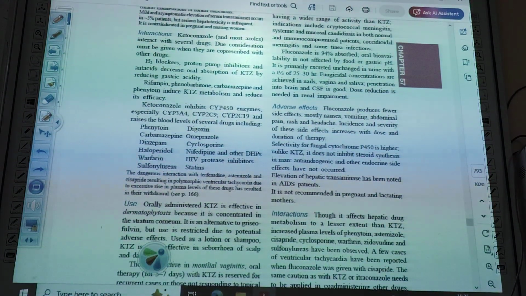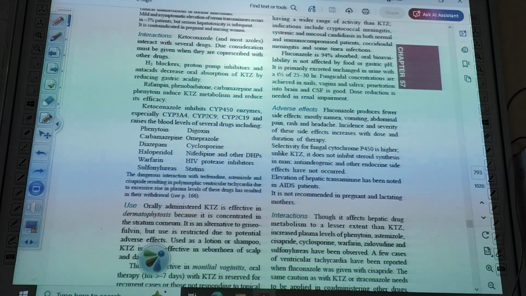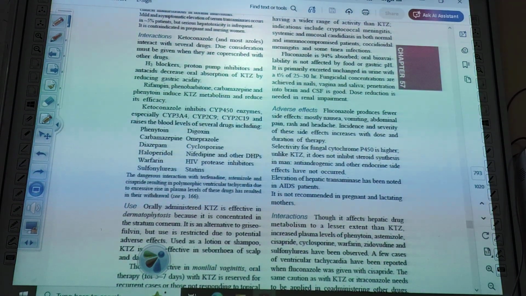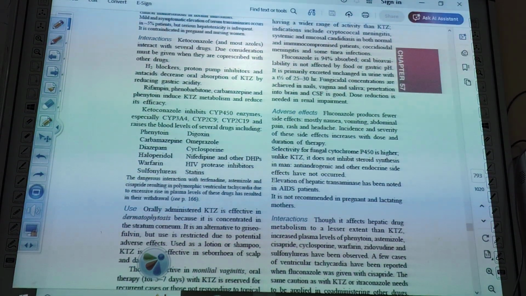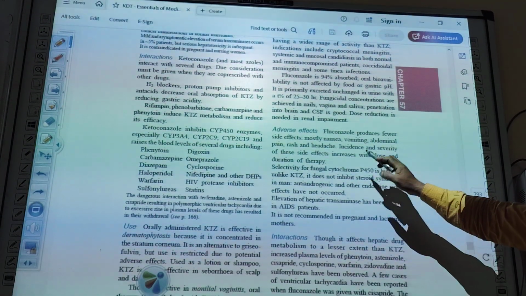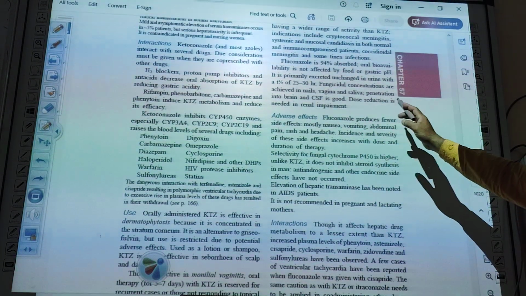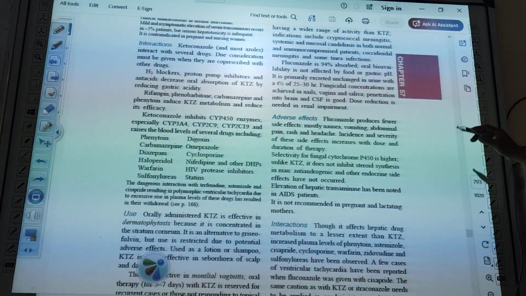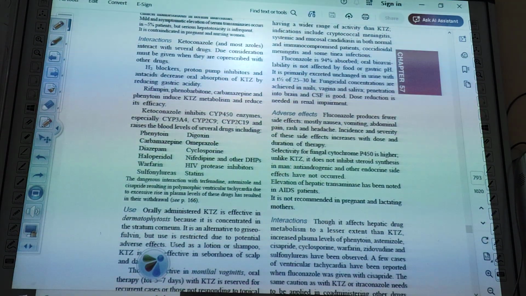If there is nail infection, there is little blood circulation in nails because they are dead cells, but fluconazole concentration is achieved in the nails, vagina, and saliva. Fungal infections in these areas can be treated by fluconazole.